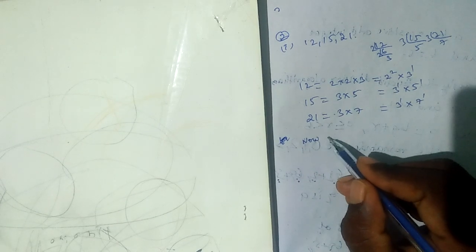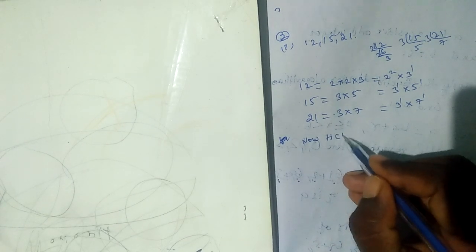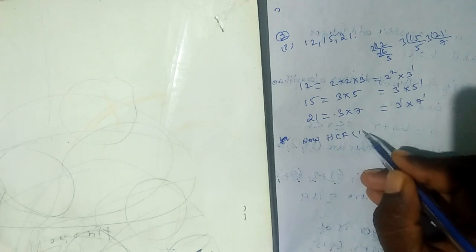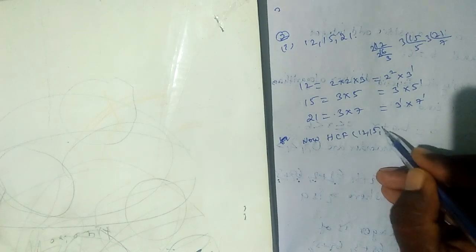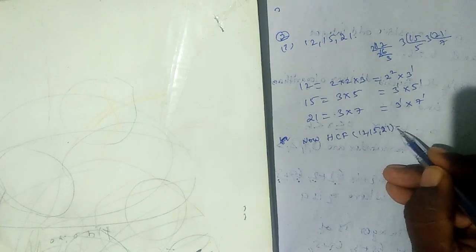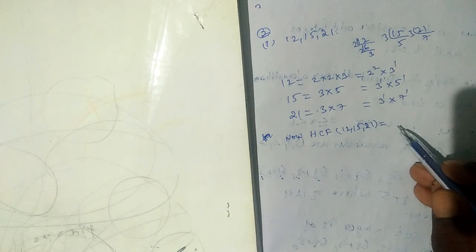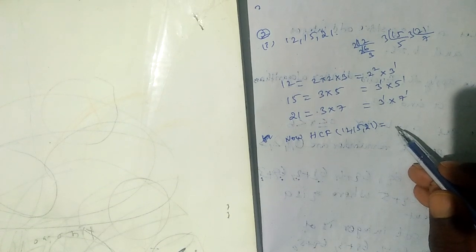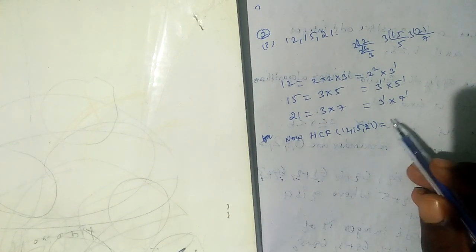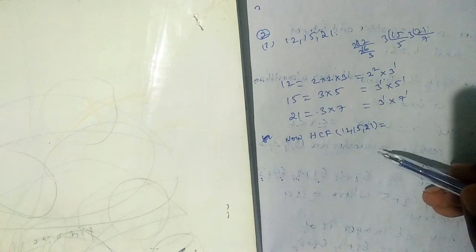Now HCF of 12, 15 and 21 is equal to... So for HCF, what are the common factors here? Only one factor. We have to consider these three numbers.